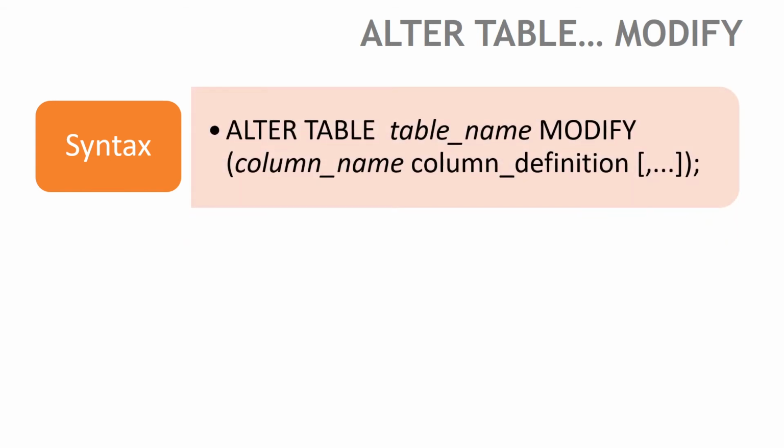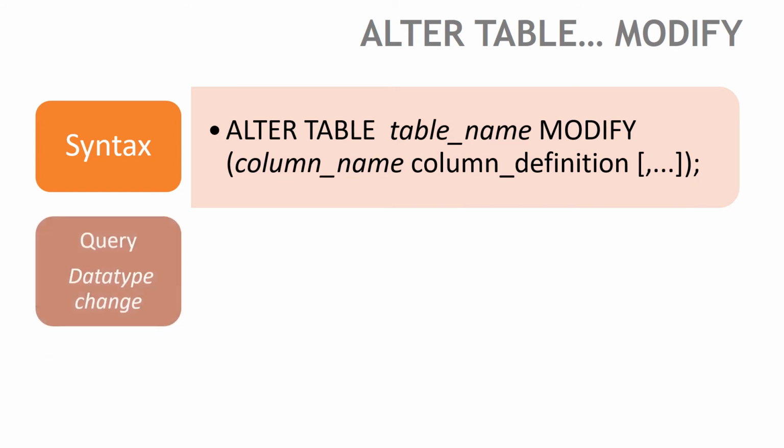To modify the existing columns, we can use the alter table modify syntax. Alter table, table name, modify, column name and column definition can be given. To change the data type, I am using the course column to change it from char to varchar2.